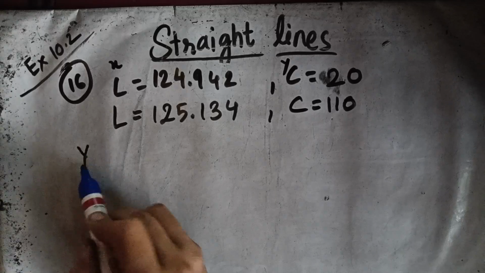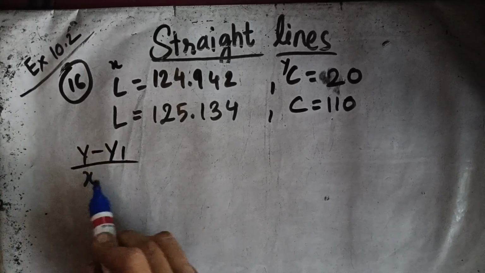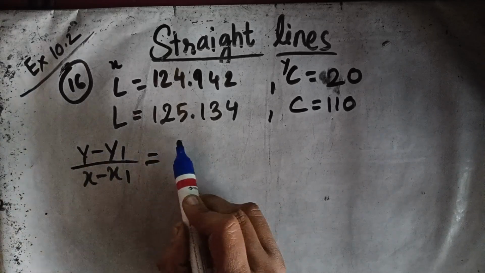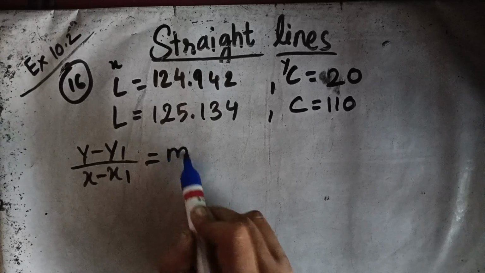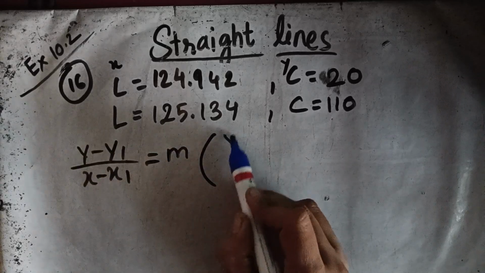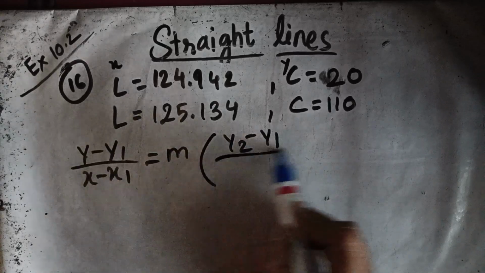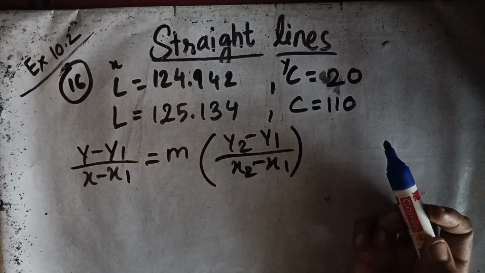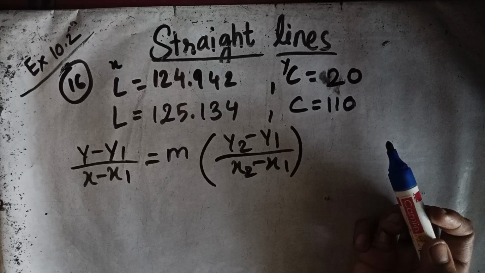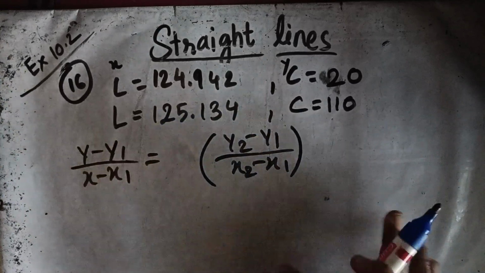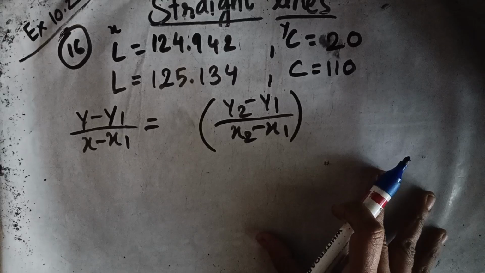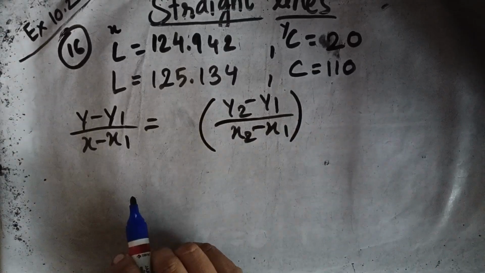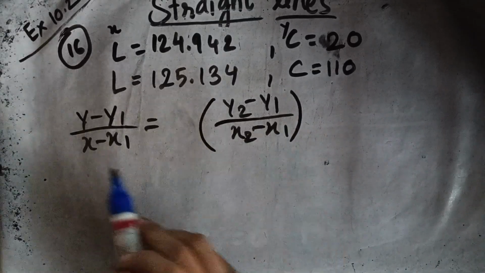So y minus y1 upon x minus x1 is equal to y2 minus y1 upon x2 minus x1.